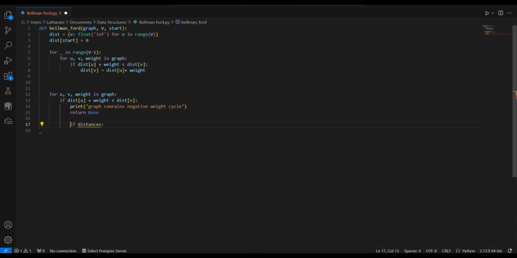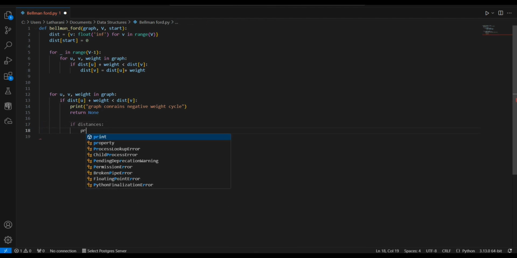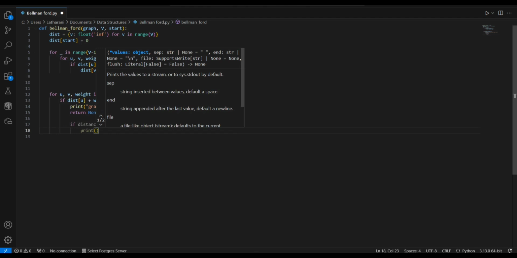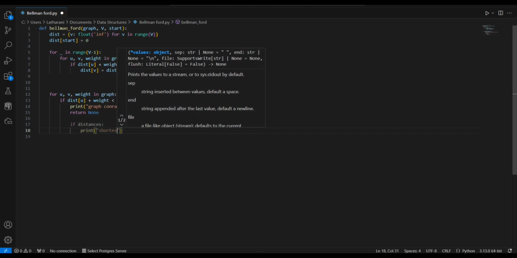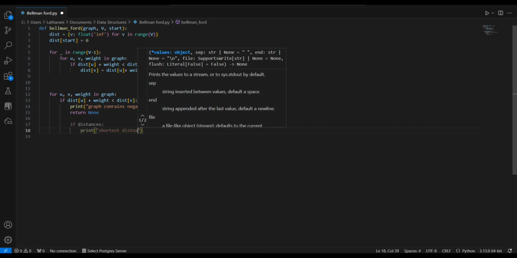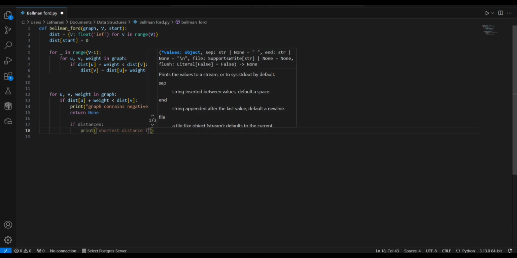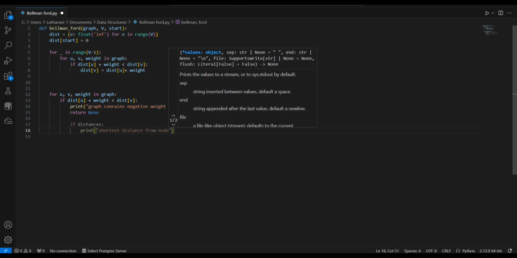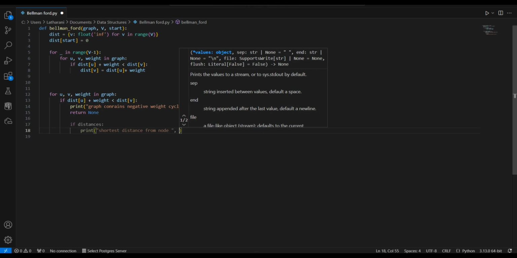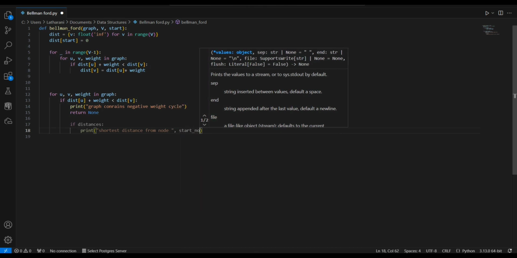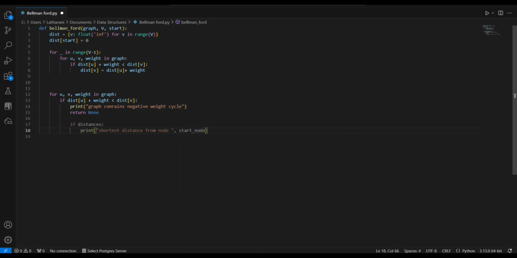For node in range V, print the distance to node is, distance of node.